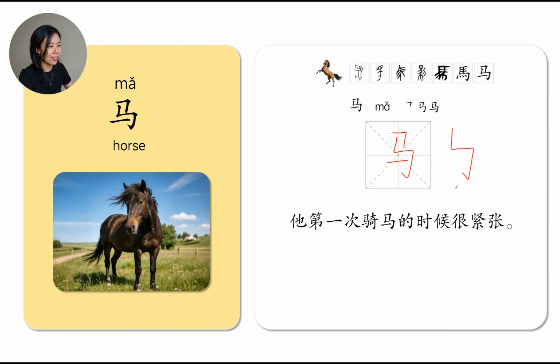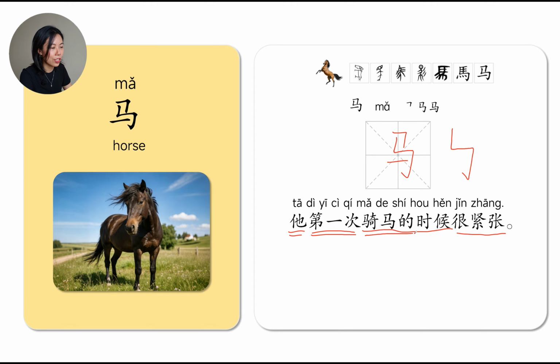Now let's take a look at the sentence. 他第一次骑马的时候很紧张。He was very nervous when he rode the horse for the first time.